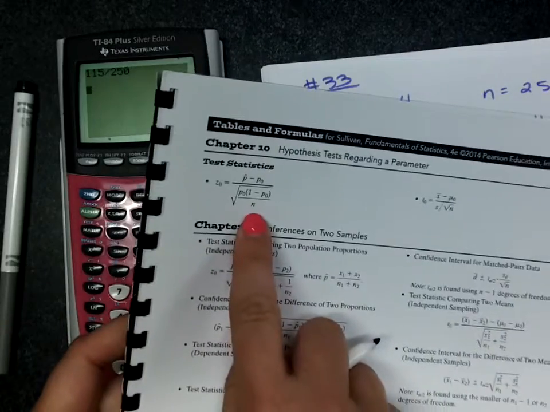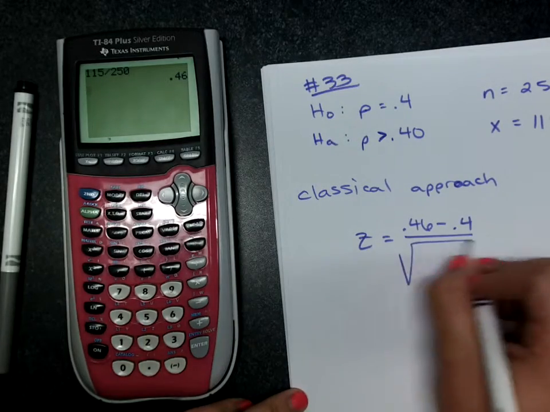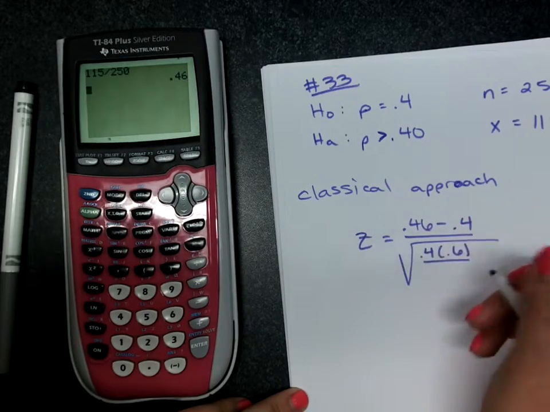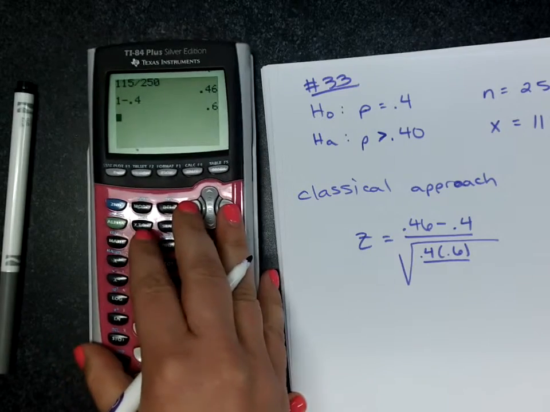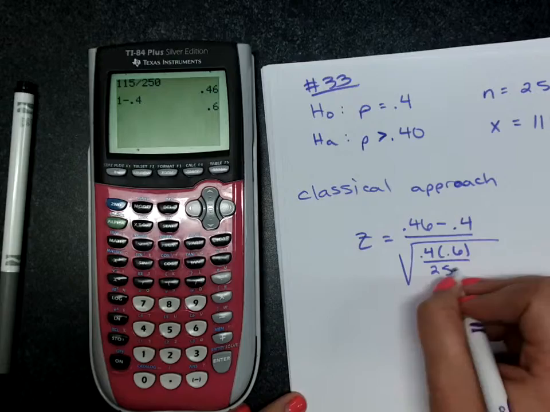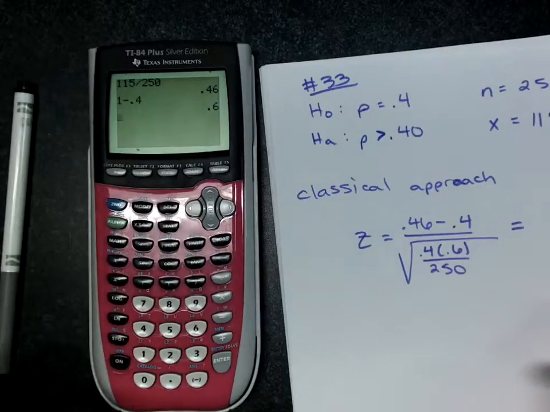Over, and then we're going to have to calculate the standard deviation down here. It's kind of a mess. 0.4 times 0.6 over, and I got 0.6 from doing 1 minus 0.4. I always do that part in my head, but you can always just subtract, over my sample size of 250. Now if you do this right, you can type all that in at the same time.